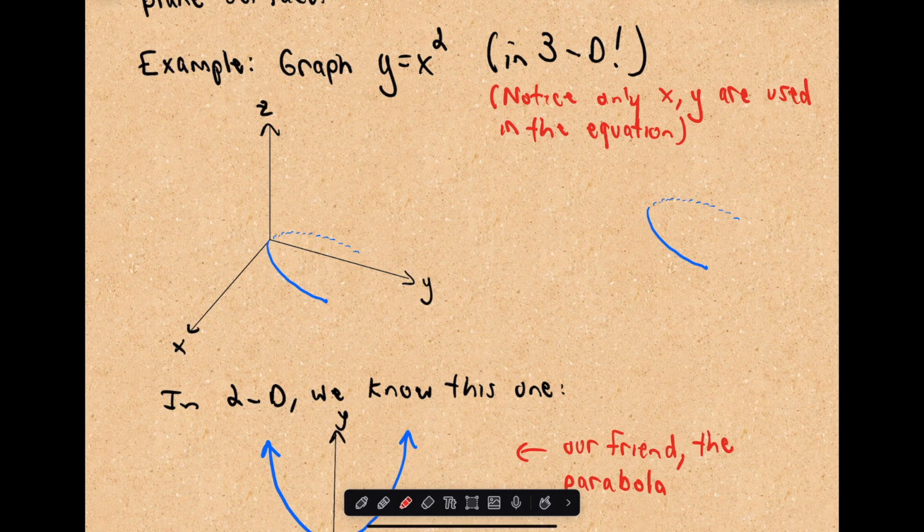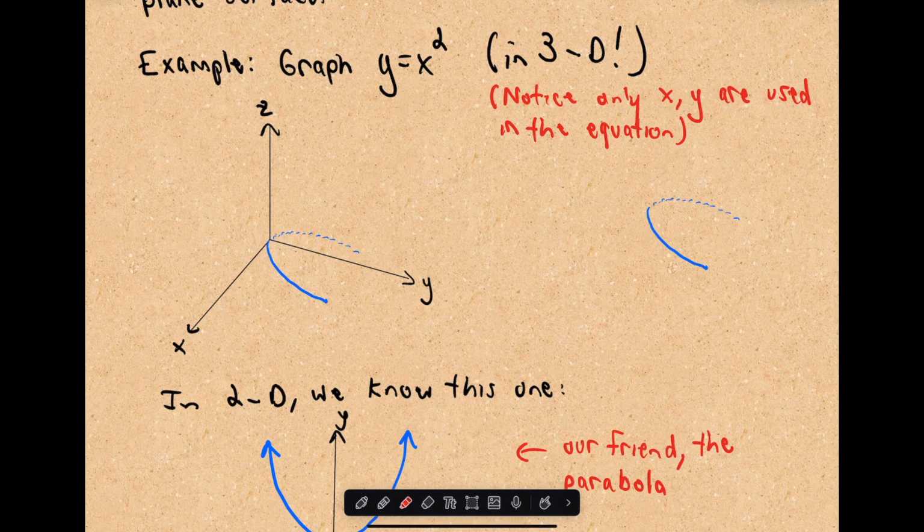So what you can imagine doing is taking this little parabola that's in the xy plane and stretching it along the z-axis, both in the positive and the negative z direction. So positive z and negative z.